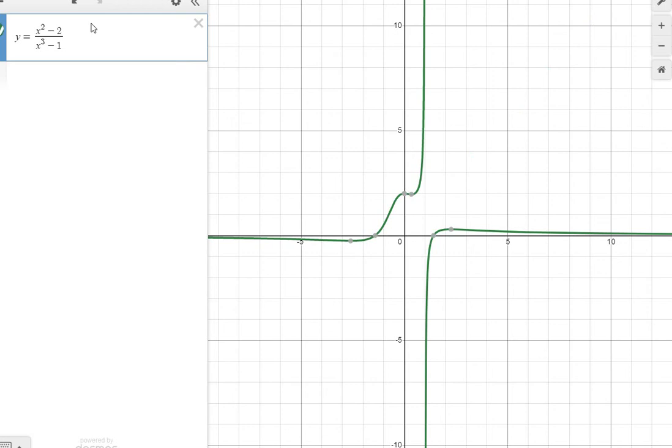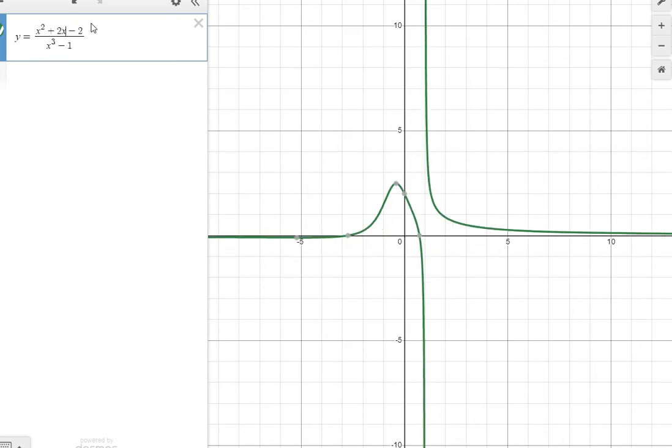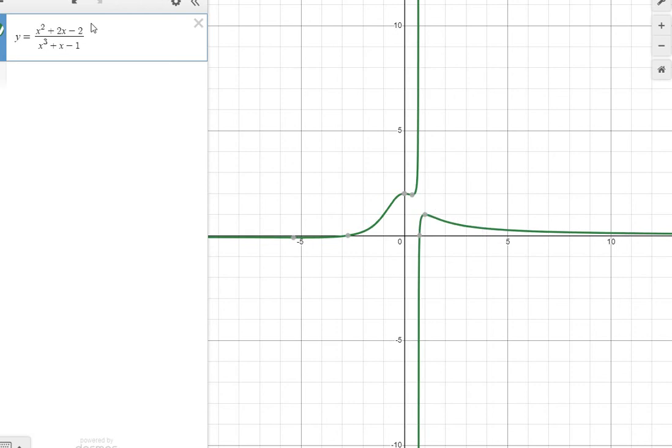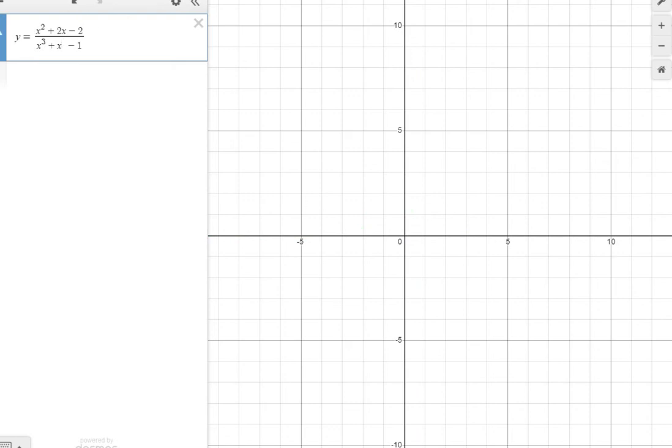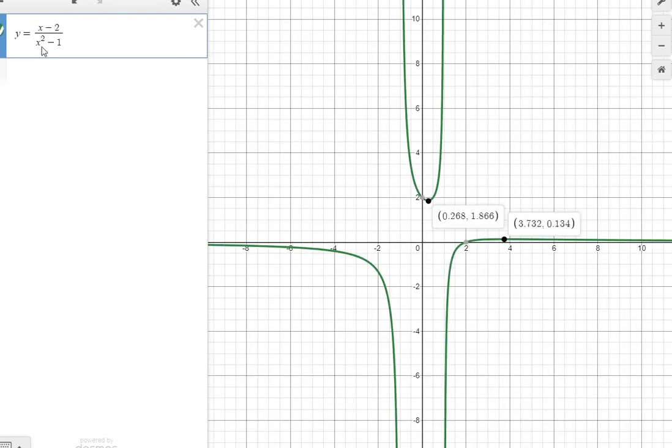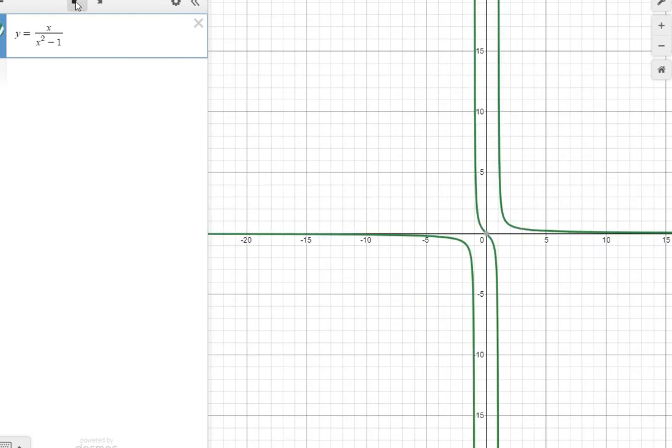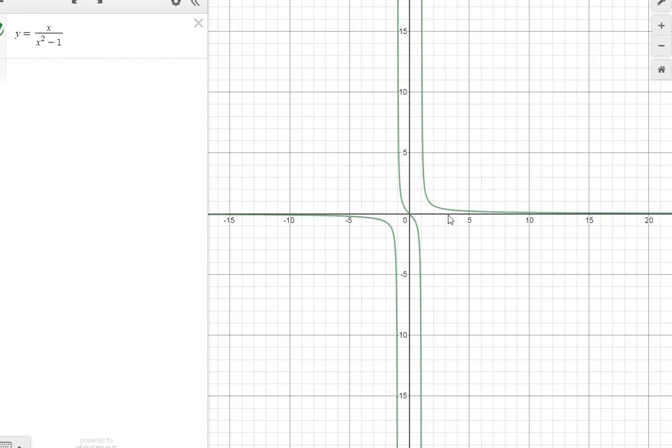You'd have one part where everything is above the lowest point, and then one where everything is below this y value, 1.866. And that's something that you'll investigate more when you're in pre-calculus.